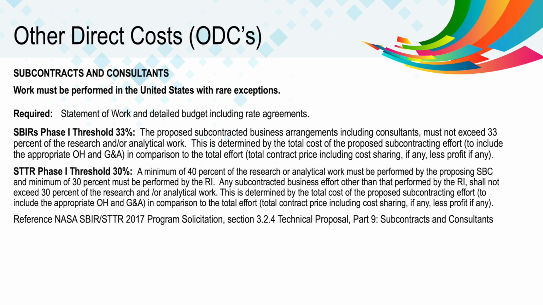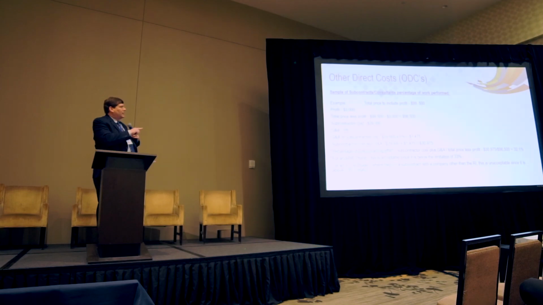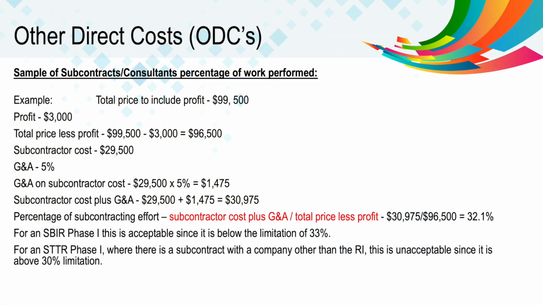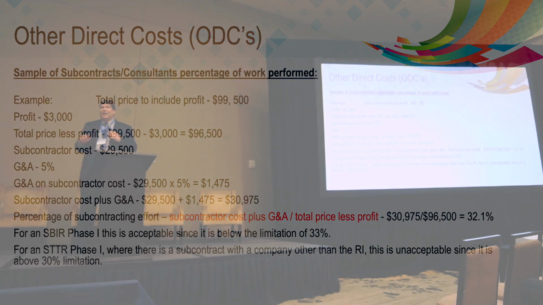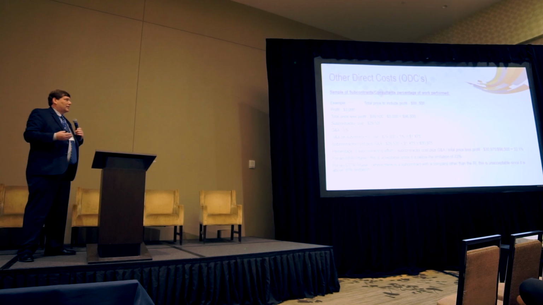For STTR Phase Ones, the threshold is 30% for subcontracts, 30% for research institutions, and the remaining 40% for the firm. This is an example of computing the threshold. Examples like this are in prior solicitations, and will be in the current solicitation as well.